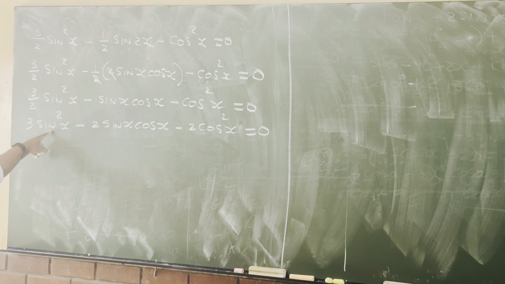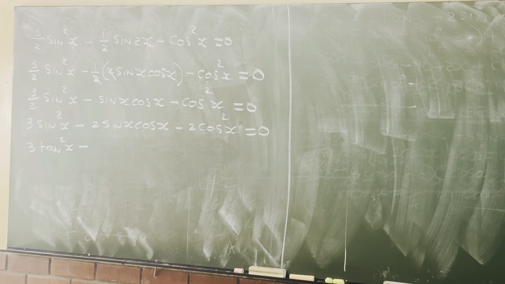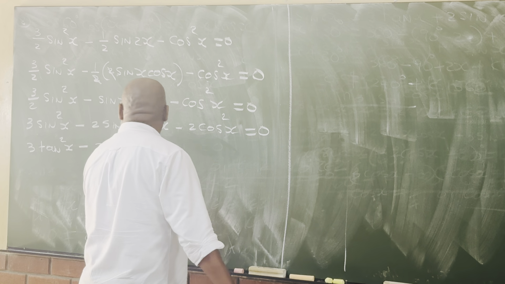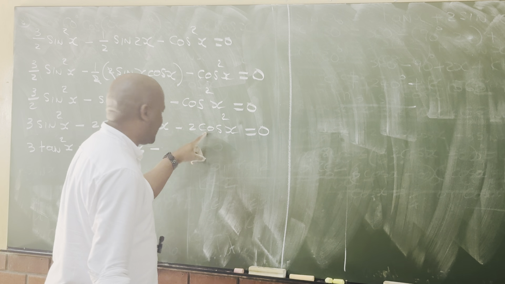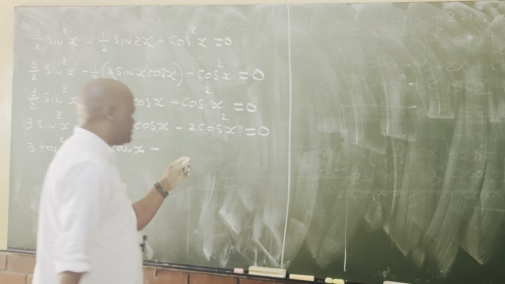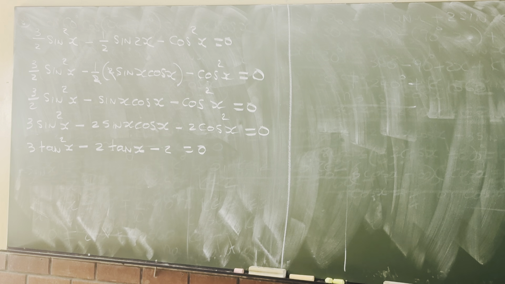This will become tan squared x minus, we are dividing this term by cos squared x. This will cancel out, then we'll be left with 1 cos in the denominator, which will become 2 tan x. Then minus 2, if you divide by cos squared x, this will be eliminated. Then we have this.